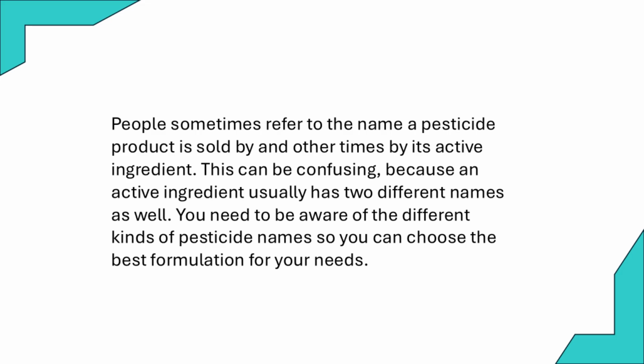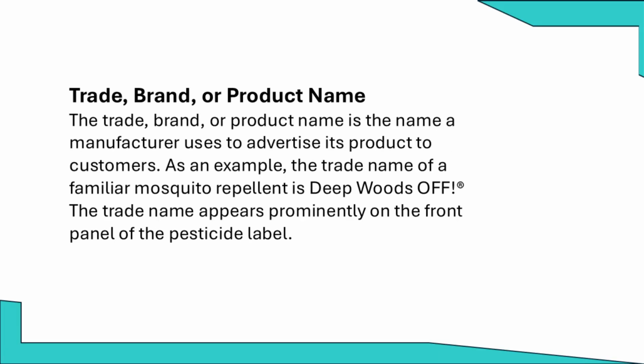This can be confusing because an active ingredient usually has two different names as well. You need to be aware of the different kinds of pesticide names so you can choose the best formulation for your needs.